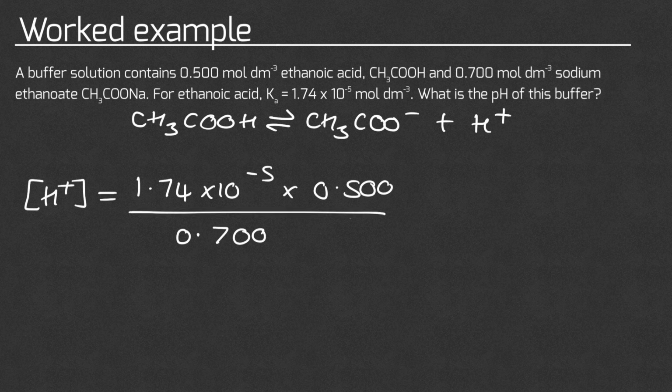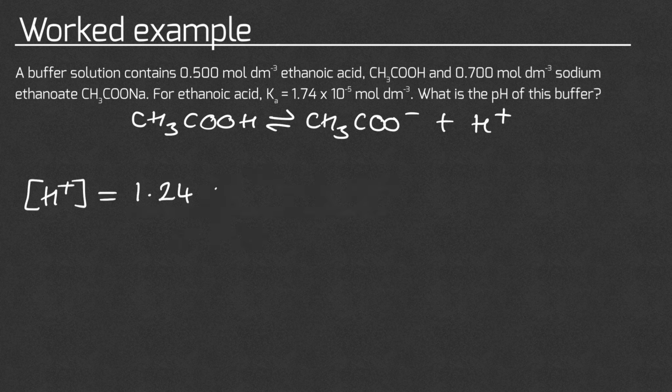We've subbed in the values we were given in the question, so we'll now put this into our calculator. And the concentration of H+ comes out at 1.24 times 10 to the minus 5. Again, it's important to remember that you need to use the answer button on your calculator here, otherwise you're going to end up with a rounding error.